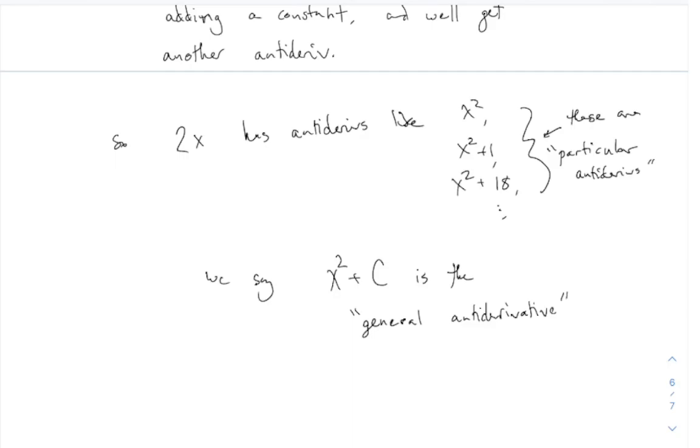Sure. Yeah, so when I say plus c, I'm imagining c could be any constant and c could be negative. You could also subtract constants. So this c is allowed to be positive or negative. Yep. So that's just the language here. These individual ones are called particular antiderivatives.